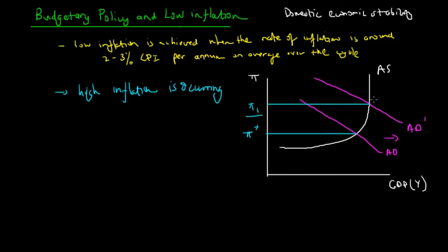And so we can see that demand-pull inflation has caused the government to fail to achieve its goal of low inflation. Currently we're at this point here, AD dash, where inflation is high. Let's say this is around 6% as opposed to around 3% being pi star.